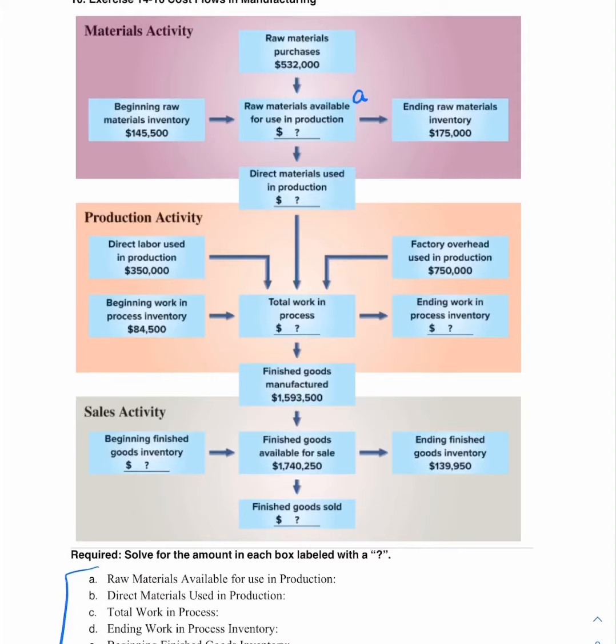Well, coming into it, I've got 532 plus 145,500, which tells me that's going to be $677,500 right there. So all that's going into that is my raw materials purchases and my beginning raw materials inventory, which tells me my raw materials available for use in production.